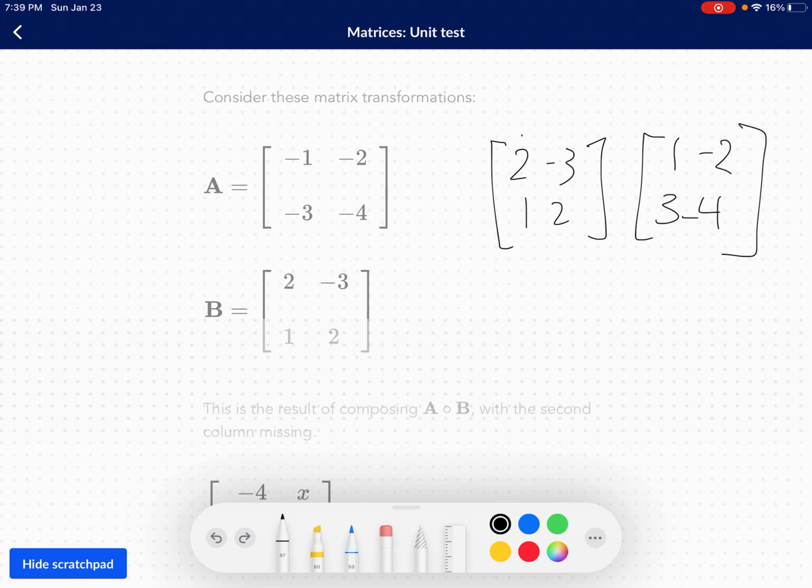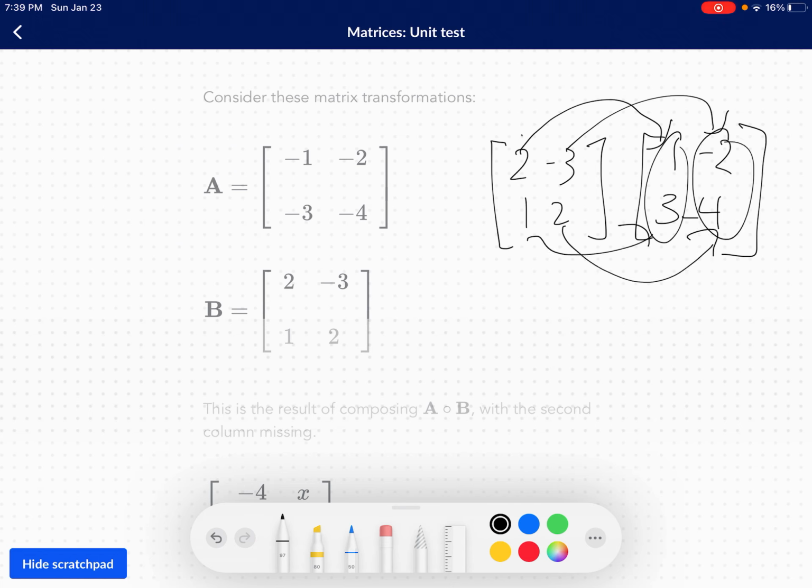Okay, so 2, this goes to this here, and then this goes to this here, and then this goes to this here, and that goes to that here. So, okay, so 2, 1, 3. Oh, why am I putting that as a fraction? 2, 1, 3, plus -3, -3, -2, -4, and then 1, 1, 2.